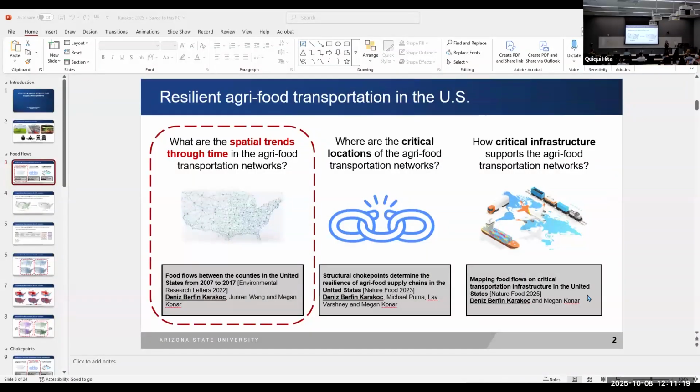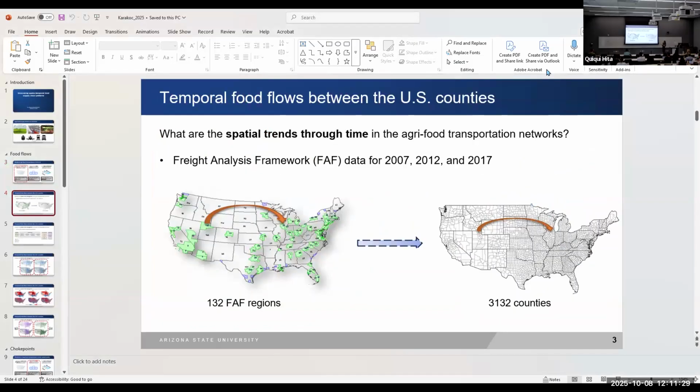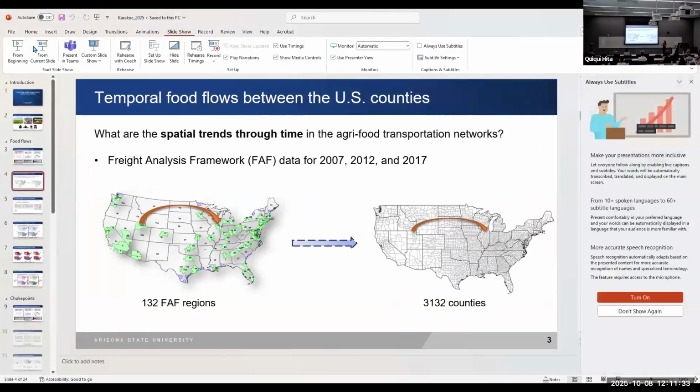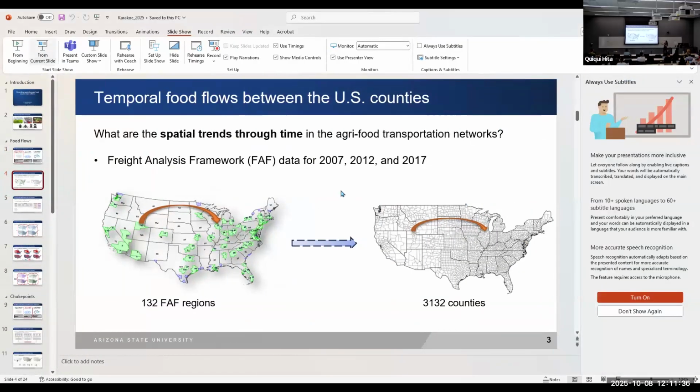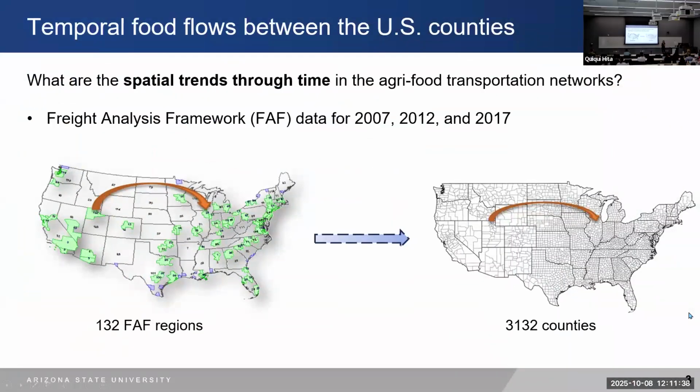Actually, the US government does a really good job in terms of collecting data. They have the Freight Analysis Framework data. They were publishing it once every 5 years, but recently they're publishing it annually. It records the different food commodity movements on different transportation infrastructure between FAF regions in the United States. The government divides states into more urban versus rural regions.